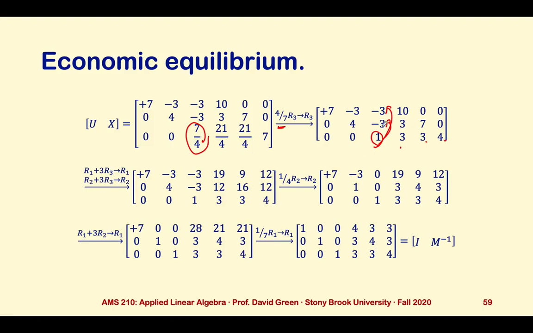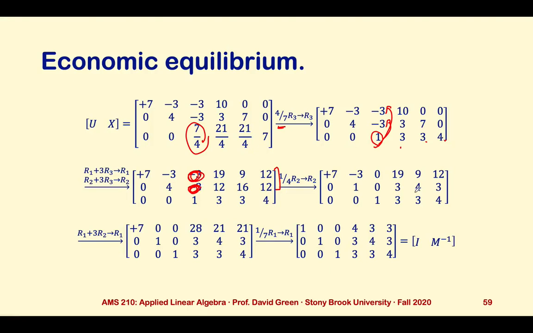For the second row, -3 plus 3 is 0. 3 plus 9 is 12. 7 plus 9 is 16. And 0 plus 12 is 12. So this gives us our next 2 rows. Sorry, these here should be zeros in these places. We've zeroed them out.